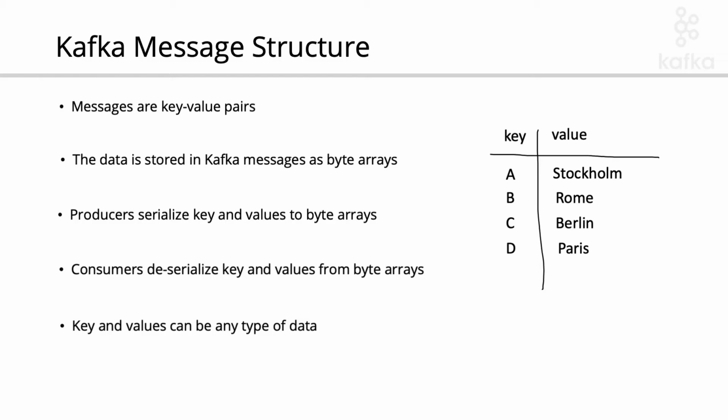So it's important to know that keys and values are both unstructured and untyped inside the cluster itself. But from the point of view of producer and consumer, from the client applications, if they use a typed language, keys and values can have a type. So in general, the producers serialize the data from the data type used by the client into byte arrays, and the consumers deserialize the bytes into data types used by the client.